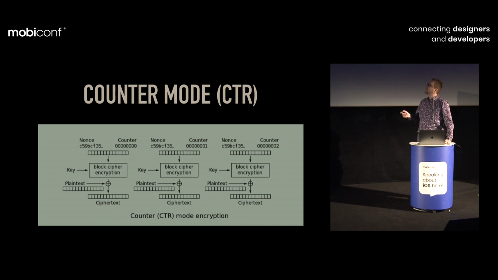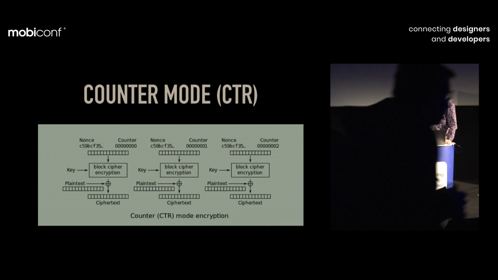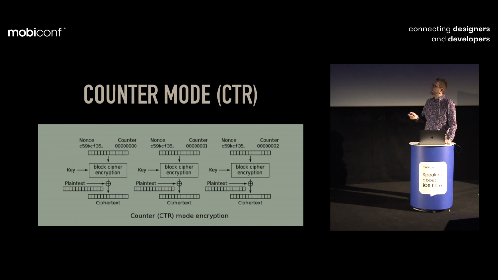If you look here, each block is encrypted independently, right? That's the advantage of this block mode. It means that you can encrypt or decrypt chunks of your message in parallel. There's a counter. There's a nonce.